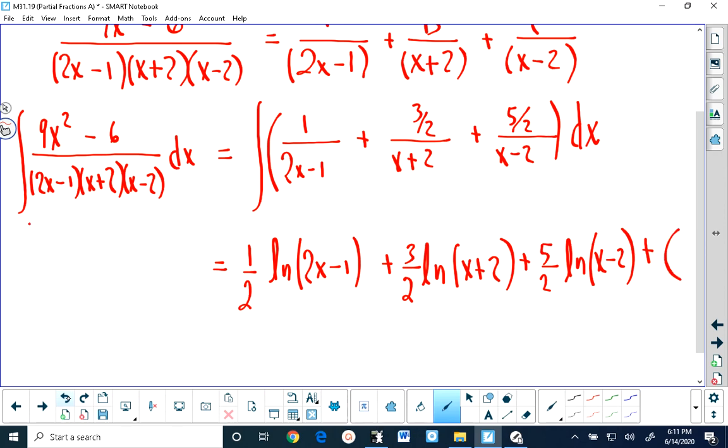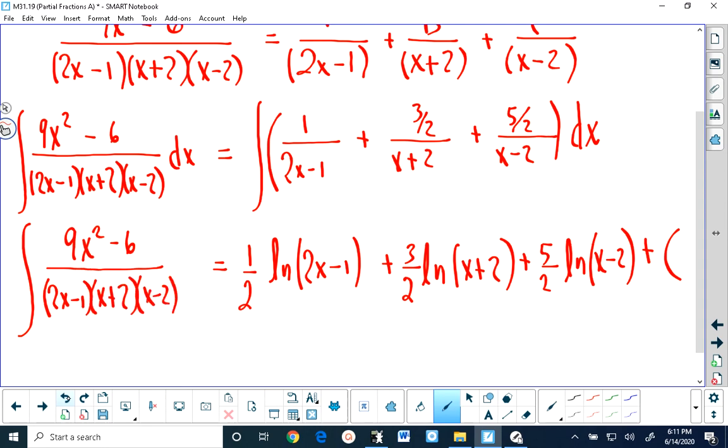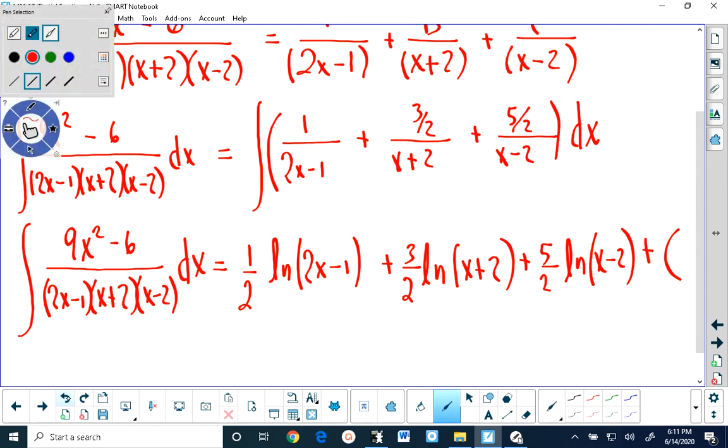So the integral of (9x² − 6) over (2x − 1)(x + 2)(x − 2) is equal to the expression I have on the right.